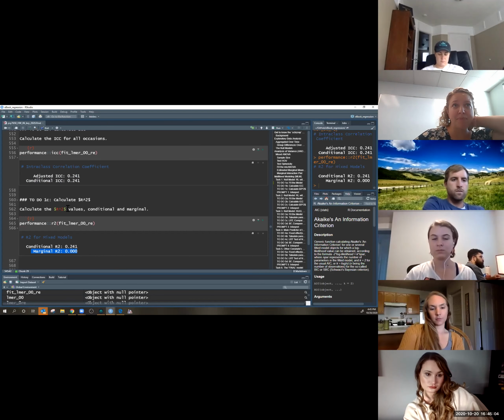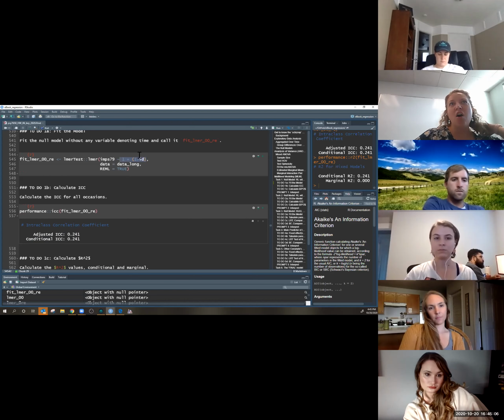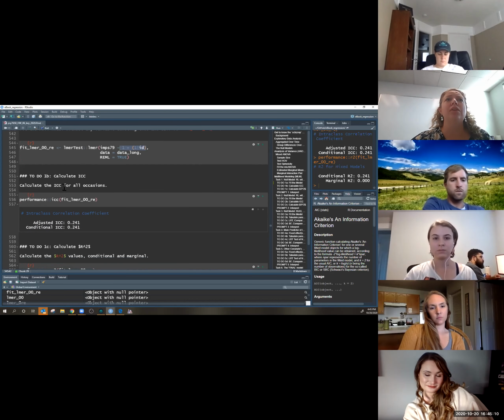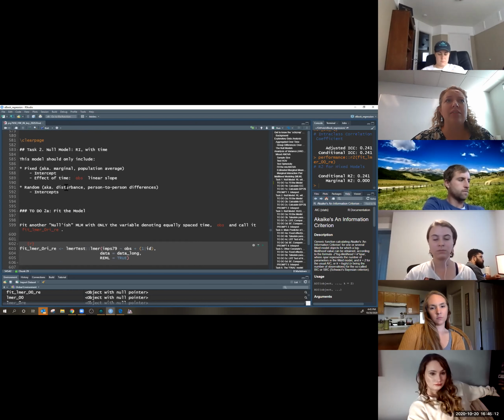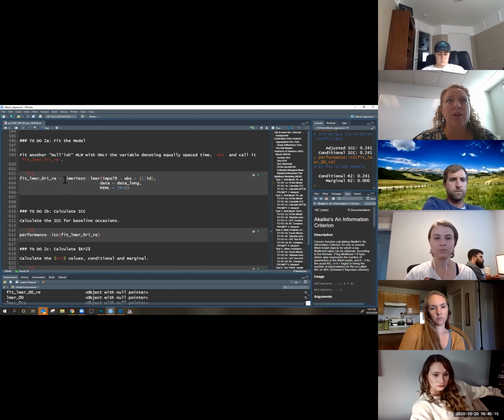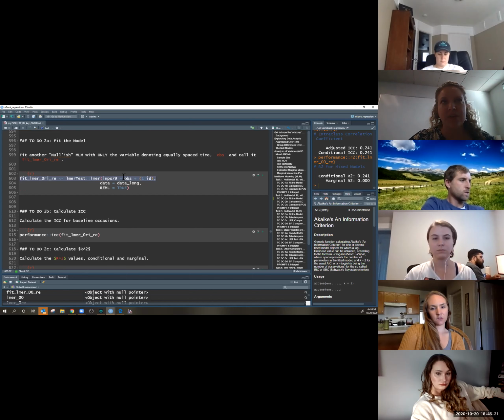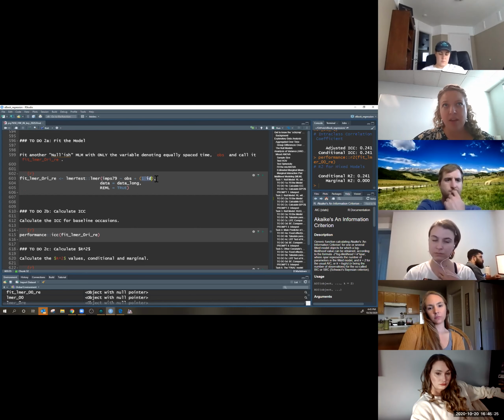Now there's nothing about time in this model, right? No time in this model whatsoever, let alone any other covariates. Then we step up to the next model, this one right here, which we're calling 0RI, RI for random intercepts. We still have one random intercept per person, but now we're putting in OBS, our time indicator, equally spaced and treated as 0, 1, 2, 3, 4, and on.